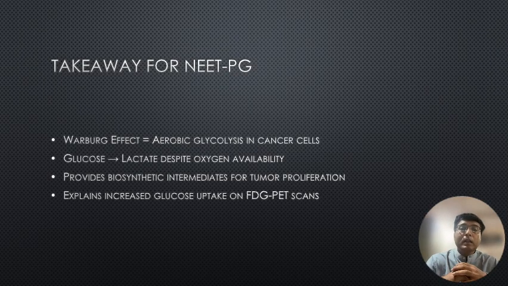But in the case of cancer cells, in spite of enough oxygen being present, they utilize the anaerobic process of glycolysis by transcription of certain genes. We will discuss that elaborately in our upcoming videos. And also, this type of behavior provides the biosynthetic intermediates for tumor proliferation, and thus explains the increased glucose uptake on FDG-PET scan.